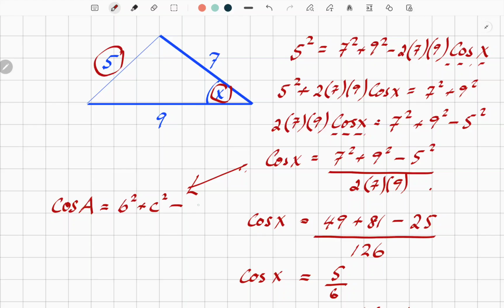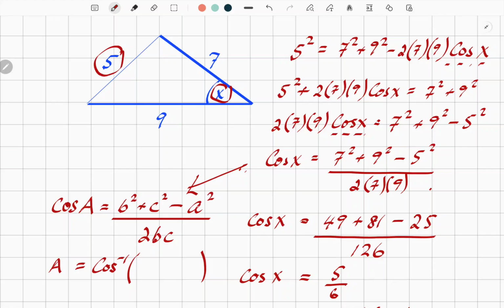So A squared, divided by 2BC. That is the inverse cos rule. And then once you work out all the numbers, you just do the inverse cos of it. So angle A, in degrees, would equal all of that. Just inverse cos it at the end.